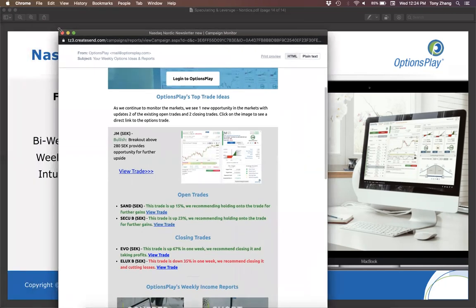Because a lot of people come to us and say, okay, I understand how to use OptionsPlay. I understand how to analyze trades, but how do I find opportunities? And that's what we did this newsletter for, so that you can see what opportunities we see in the markets, so that you can look for yourself and decide whether or not you agree and choose to trade one of those on your own. I hope that answered your question, Frederica.